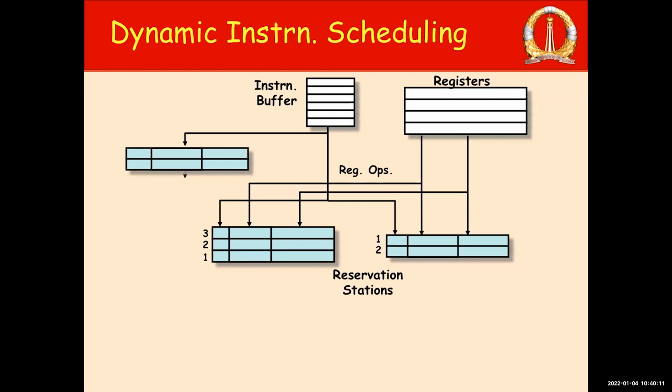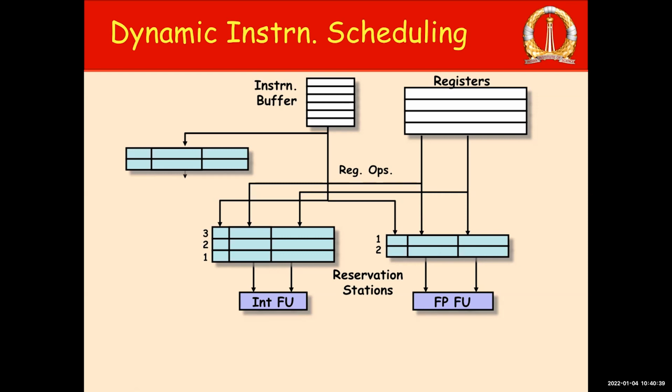For example, this could be the integer reservation station. This could be the floating point reservation station, and this could be the reservation station for load store instructions. So when the decode unit decodes a load store instruction, it will dispatch into the load store reservation station. When it decodes, let's say, a floating point operation, it will dispatch into the floating point reservation station.